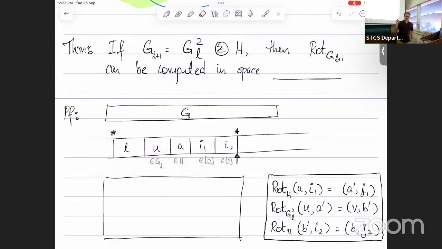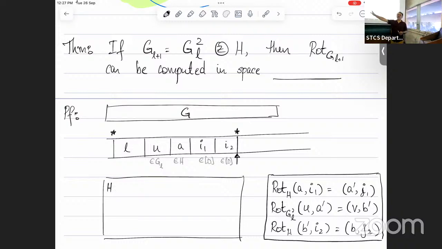So let's go through this. Let's assume that the input is given as someone wrote L, which tells me that I am running the rotation map of GL, and then U, A, I1, I2. The first thing I want to do is run a rotation map for H. So maybe I have a special marker: if I am running the rotation map on H, I write something on the work tape.